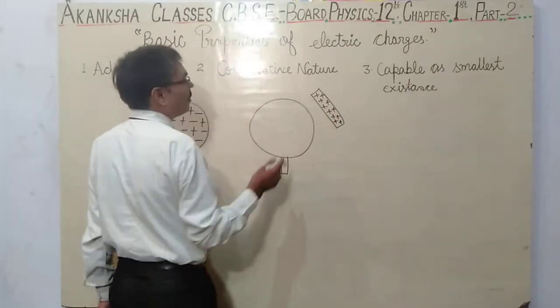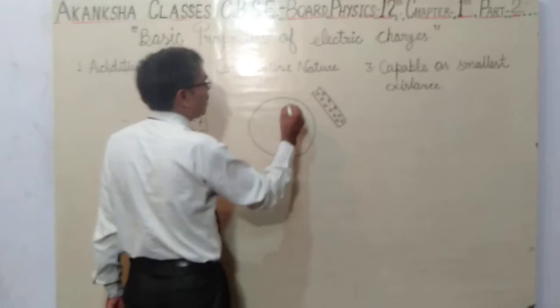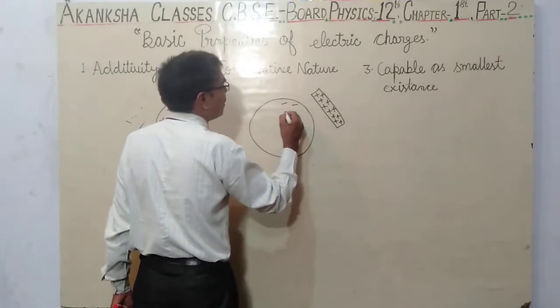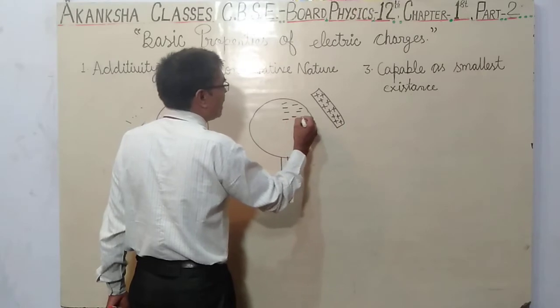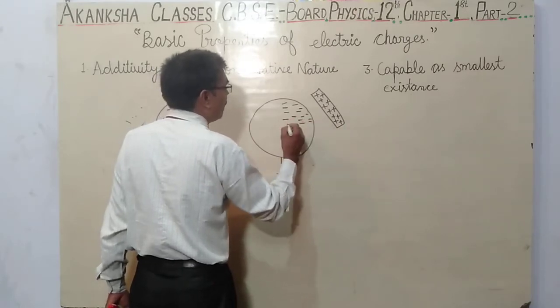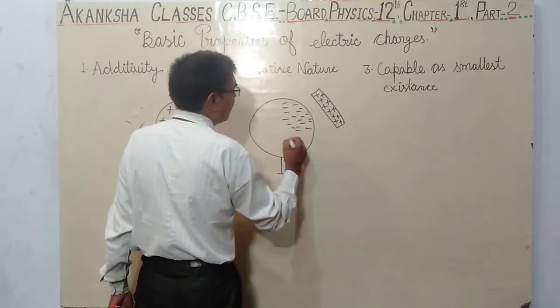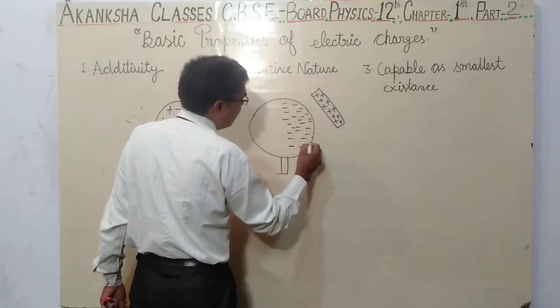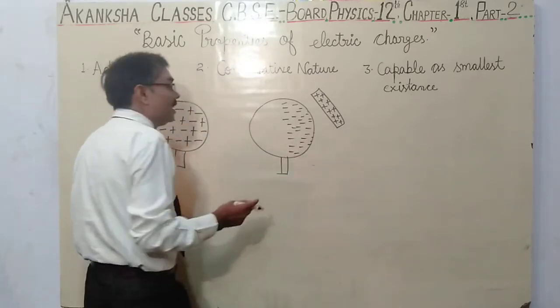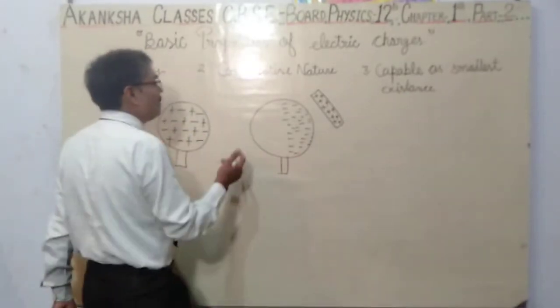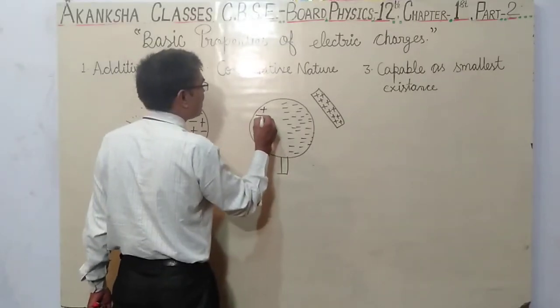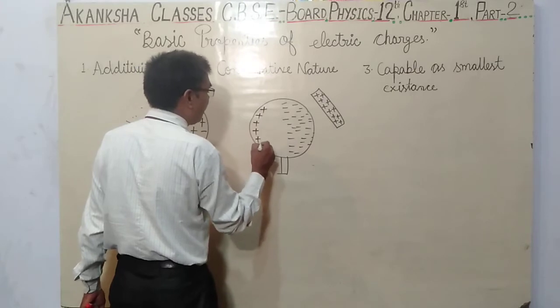What will happen? The negative charges will be attracted by the positive charge and move aside towards the right side because of the force of attraction, and like charges repel each other by the same phenomenon. The positive charges get away.